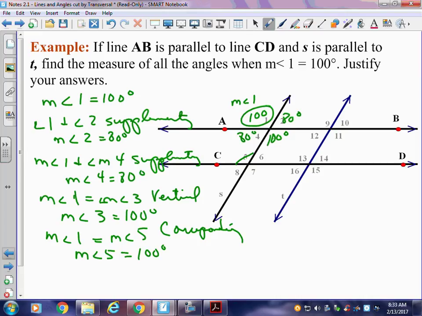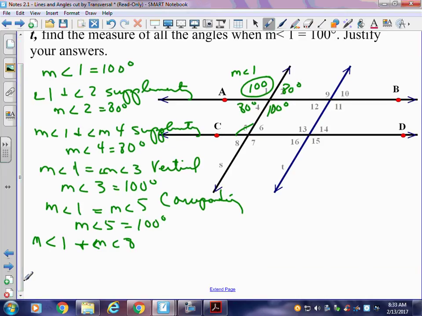Then the measure of angle 1 and the measure of angle 8 add up to 180 because they are consecutive exterior. So the measure of angle 8 is equal to 80. So now we know this one's 80 and this one's 100.